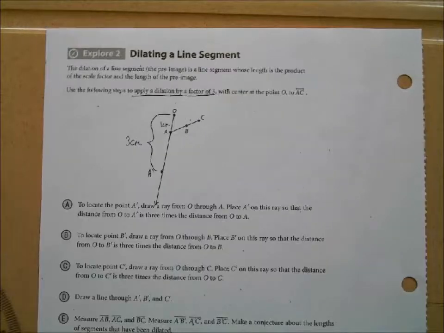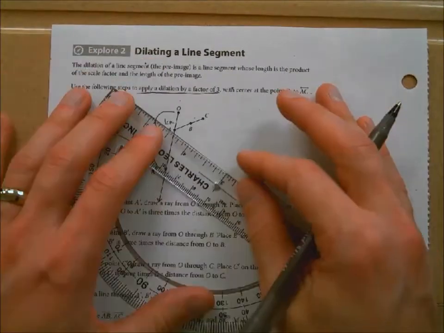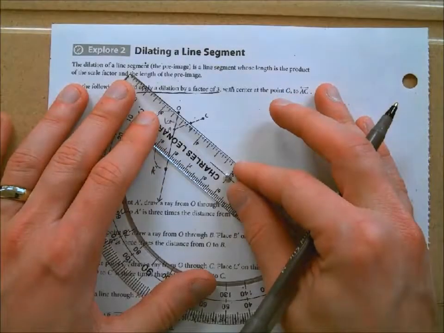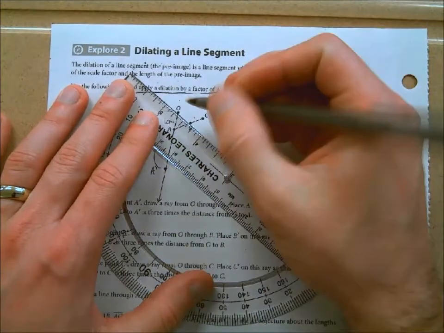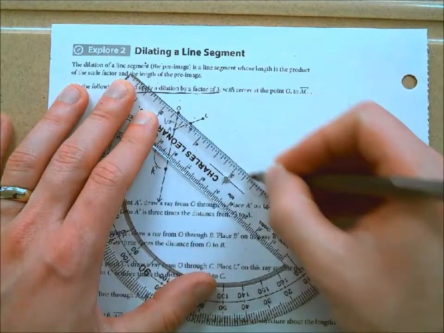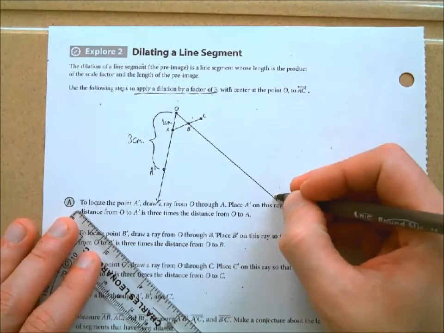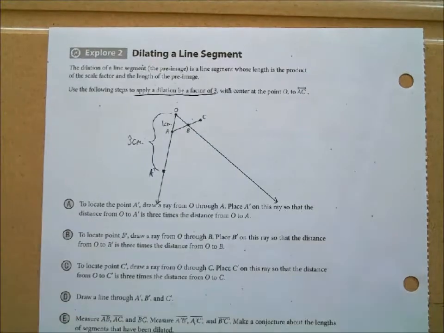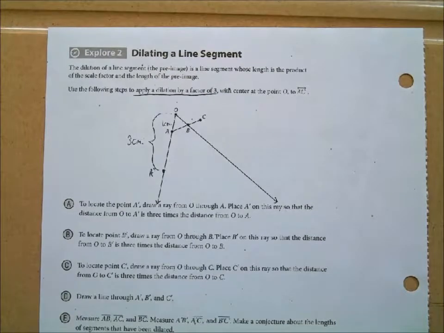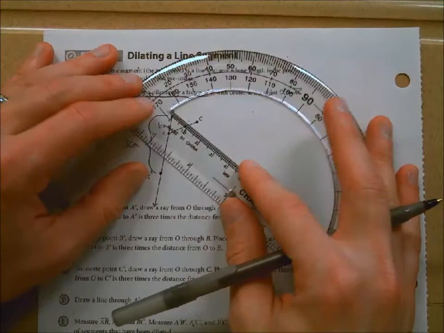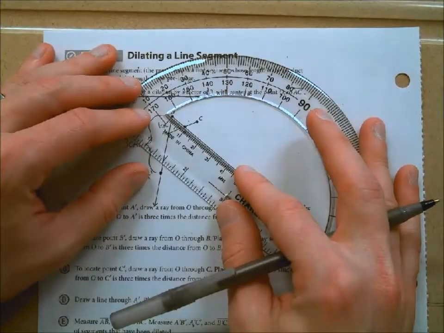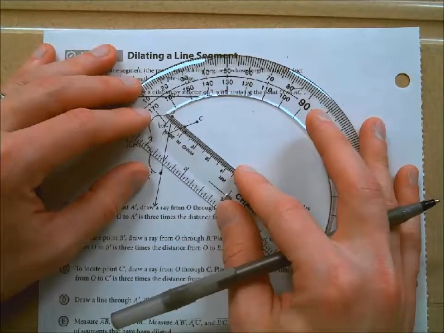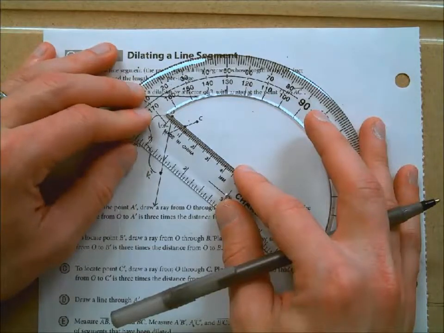We'll do the same thing for O to B. So we'll draw our ray from O through B. All right, we'll measure from O to B. In this case, I don't quite get that. I might call that like 0.9 centimeters maybe.